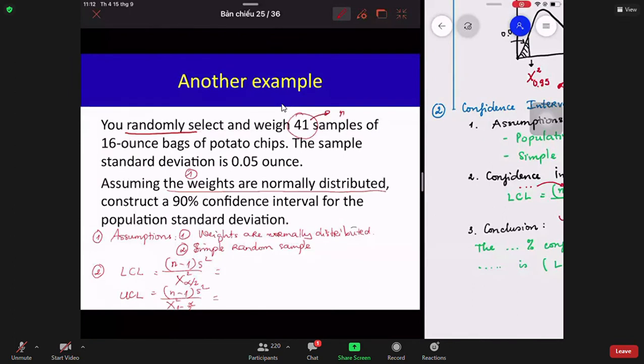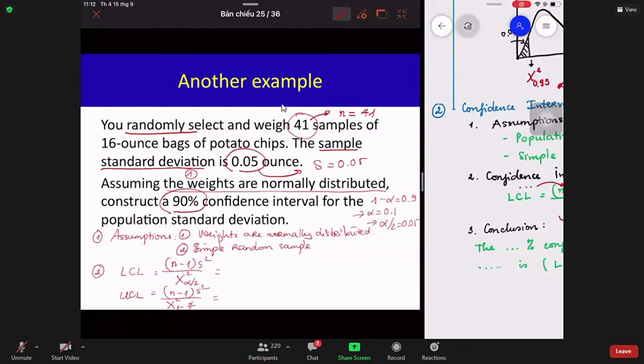So n here is equal to 41. The sample standard deviation is 0.05, so s equals 0.05. And we have 90% here, so 1 minus alpha is 0.9, alpha is 0.1, and alpha over 2 is 0.05.